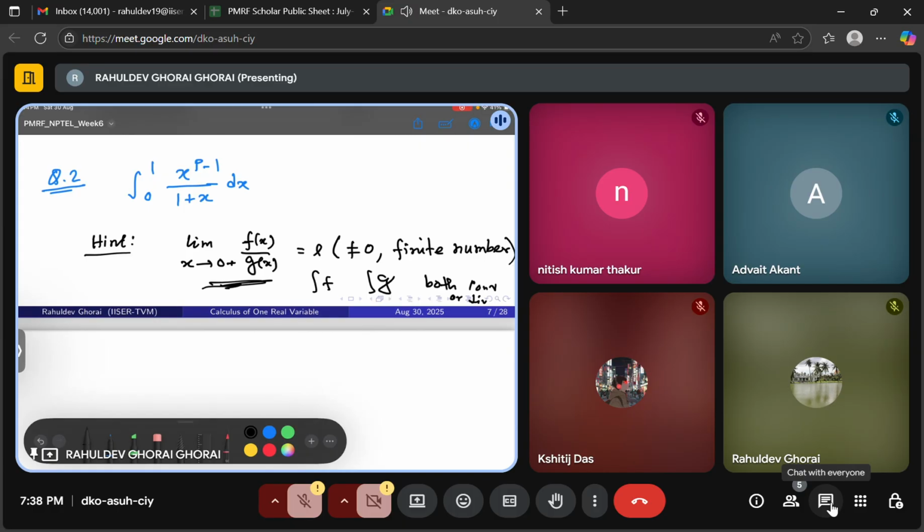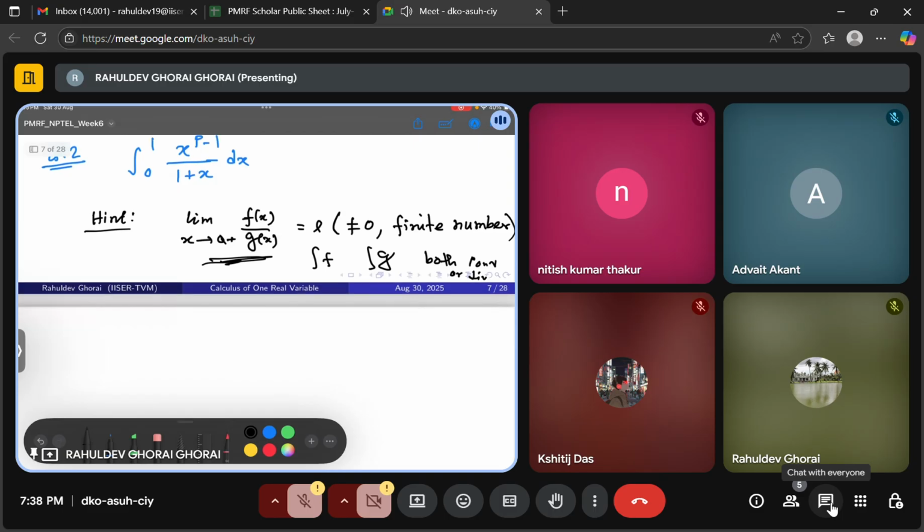So for this to work, 0 is the infinite point of discontinuity for both f(x) and g(x). So in general you can write it like that. So this is the hint. Okay, let's do it maybe.